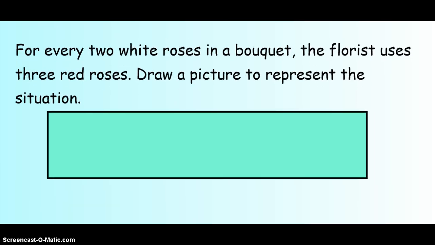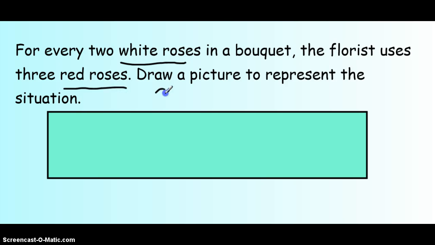So let's try writing this ratio. For every 2 white roses in a bouquet, the florist uses 3 red roses. Draw a picture to represent the situation. Well, first let's look at the ratio. We're comparing the number of white roses to the number of red roses.